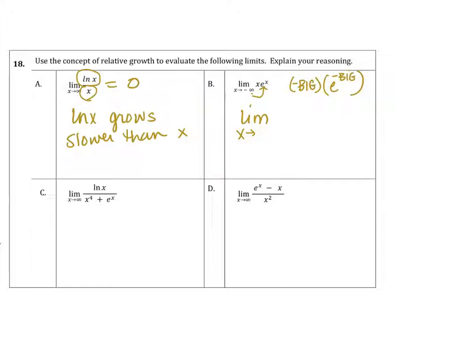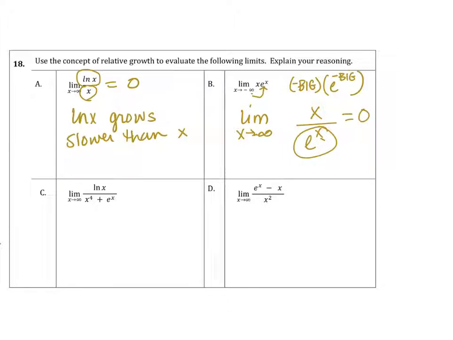But here's what I want y'all to think about: this is going to be x over e to the x, because you're approaching that negative infinity. So which one is going to grow faster? Well, of course, e to the x does. So this limit is going to tend toward 0.